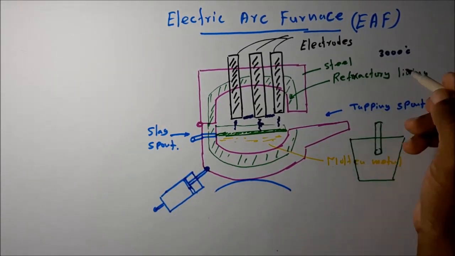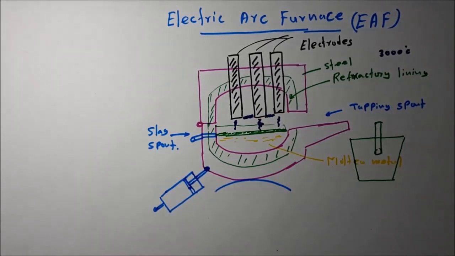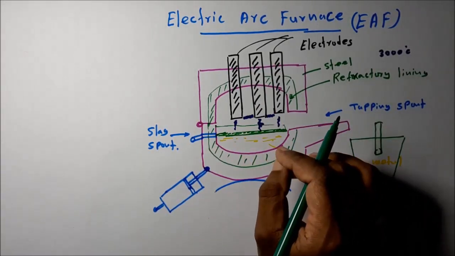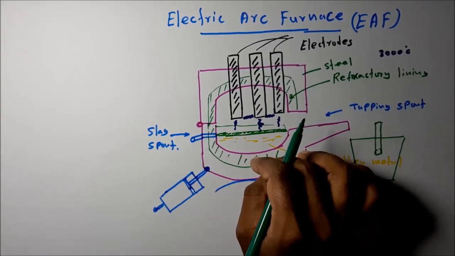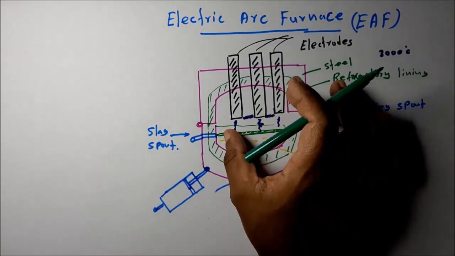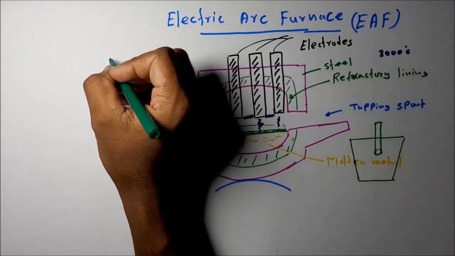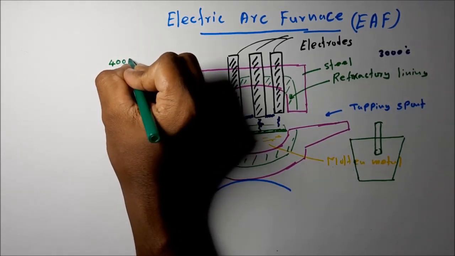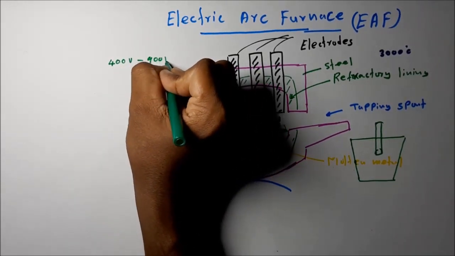The temperature of the electric arc is around 3000 centigrade. The voltage depends on the capacity of the electric arc furnace. Normally the voltage ranges from 400 volts to 900 volts.